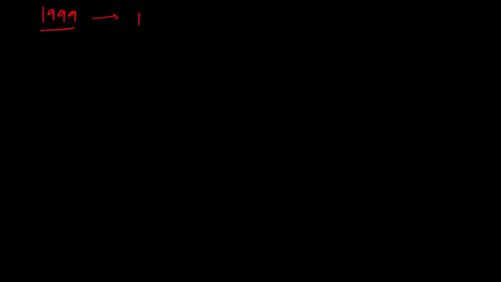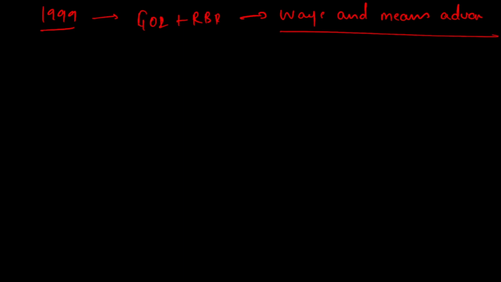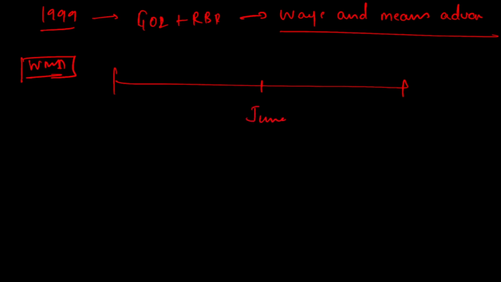there was an agreement between Government of India and Reserve Bank of India, and they together introduced ways and means advances. So what do they do with ways and means advances? Now Government of India's fiscal year is divided into two, up to say June, and this is April.